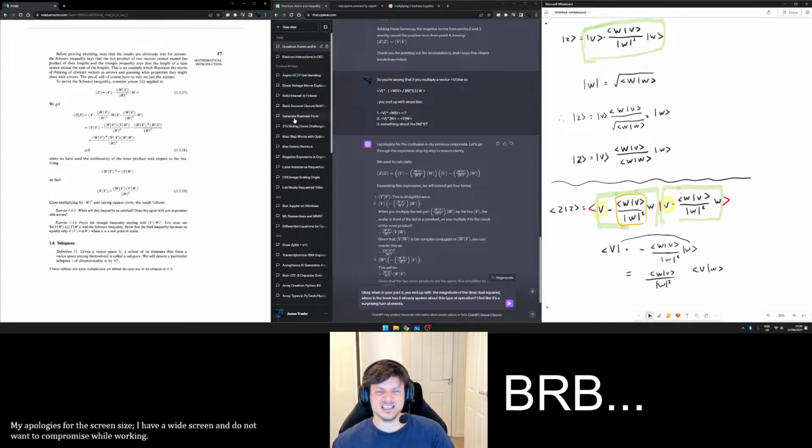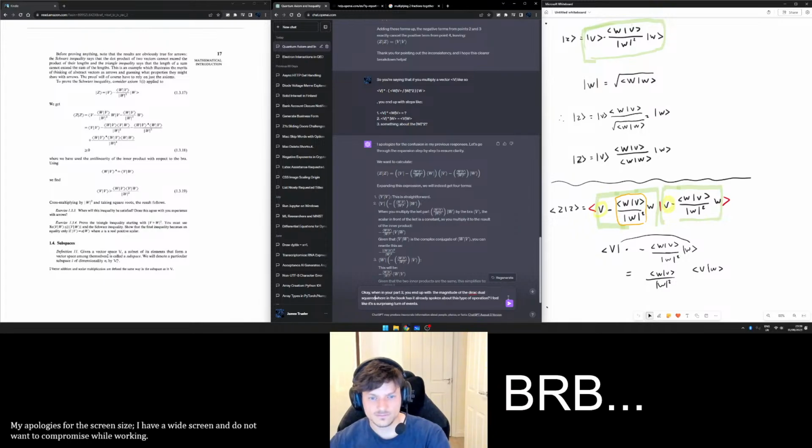So it says that in your part 2 you end up with the magnitude of the directional squared, where in the book it has it squared. Where in the book is it already spoken about?